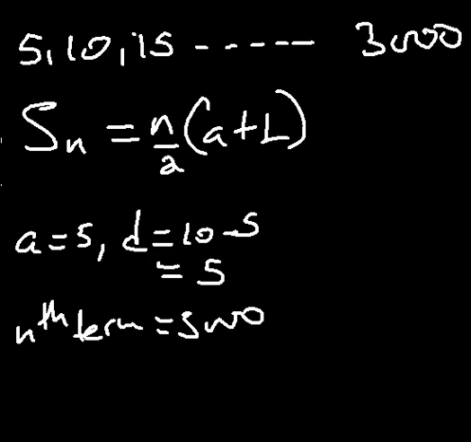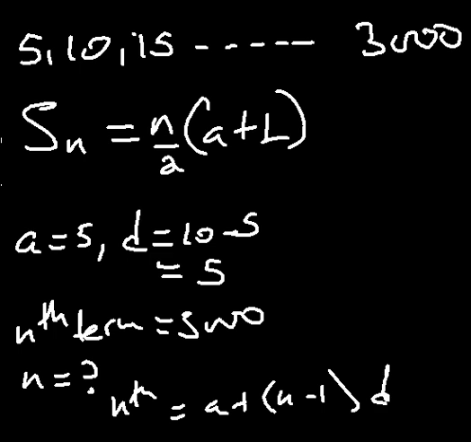Using the nth term formula, a plus n minus 1 times the common difference, we substitute to find the number of terms. So we have the nth term as 3,000.